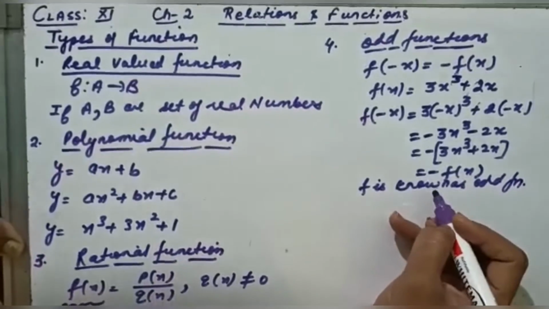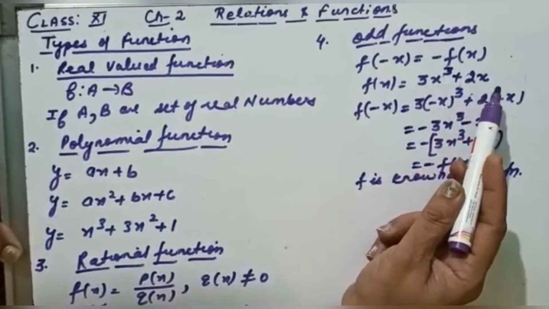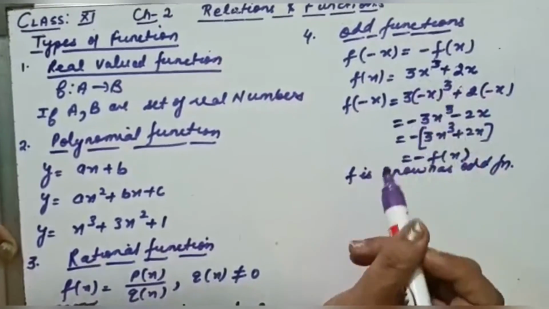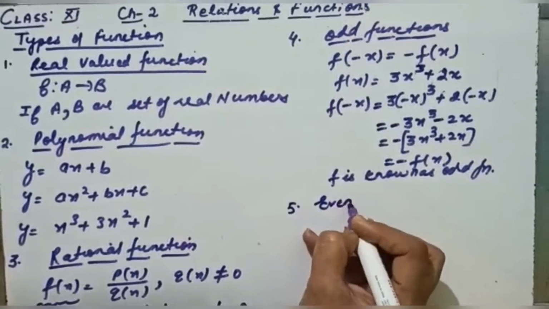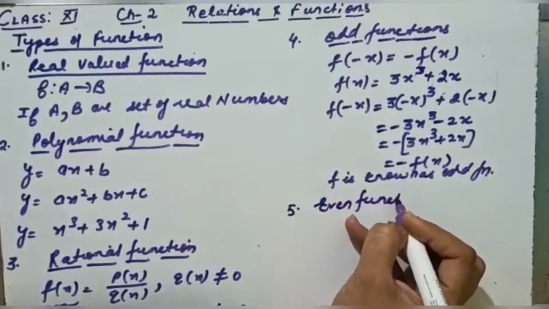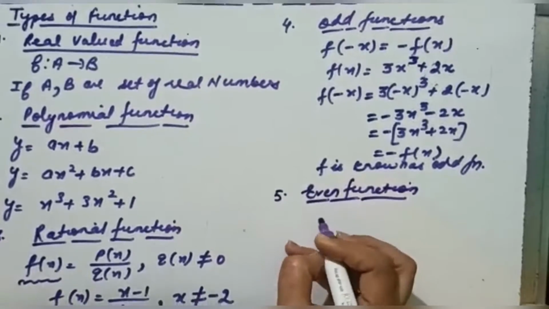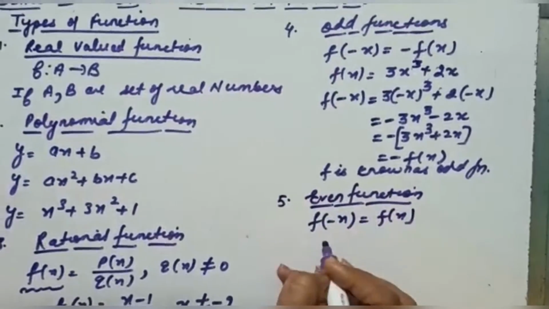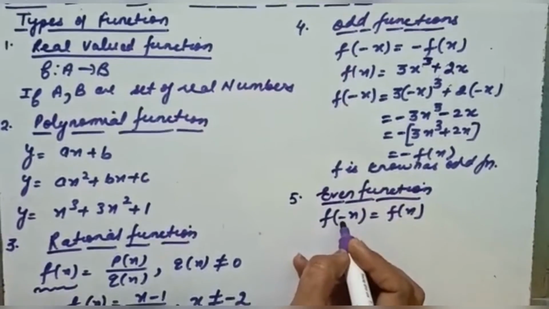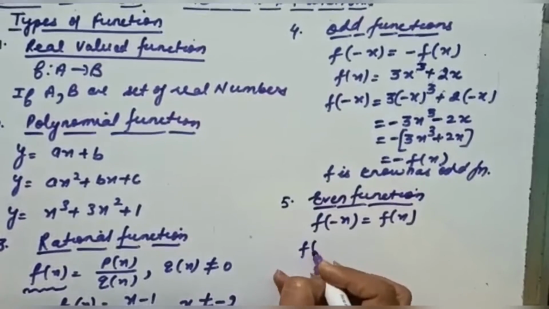Or we can also understand it as any function in which there are only odd powers of x, that is known as odd function. Similarly, even function is if f minus x is equal to fx, means if after replacing x by minus x there is no change, such functions are known as even function.